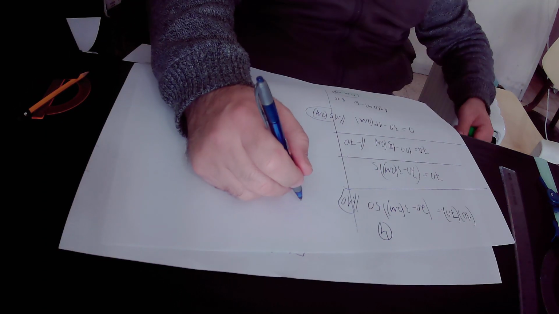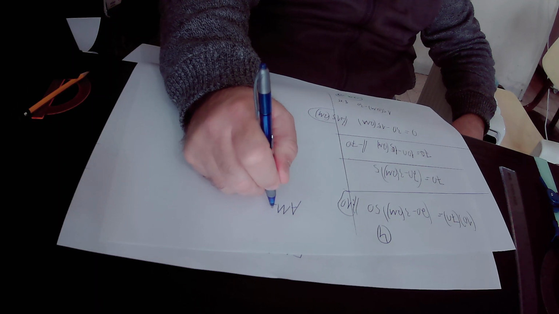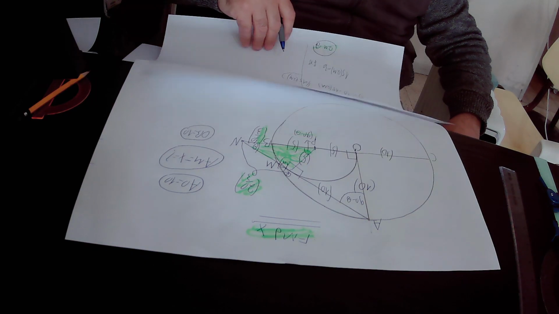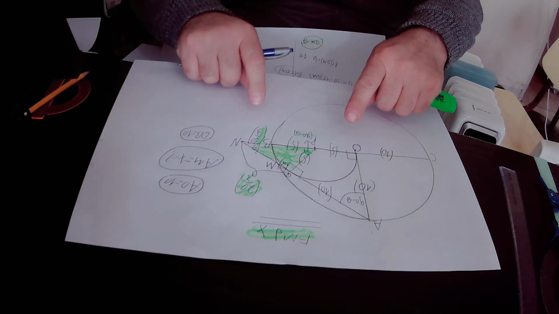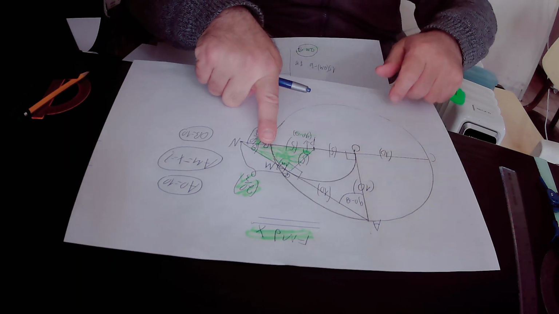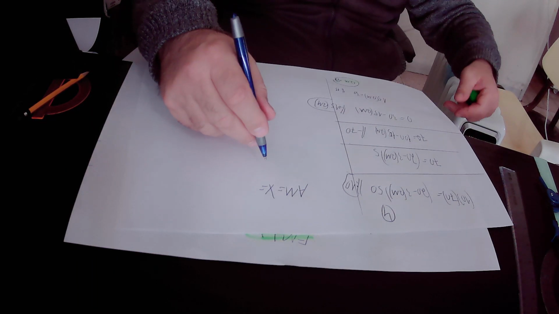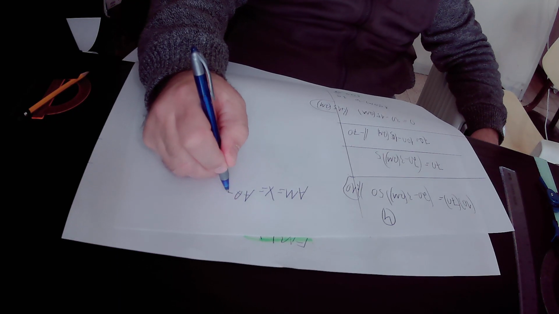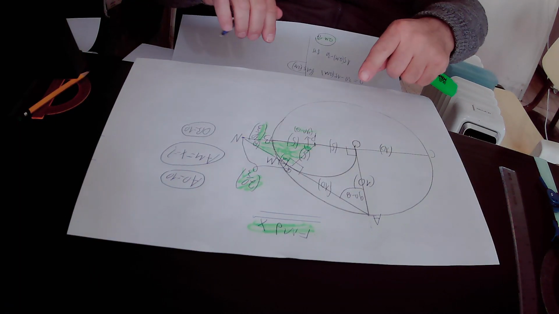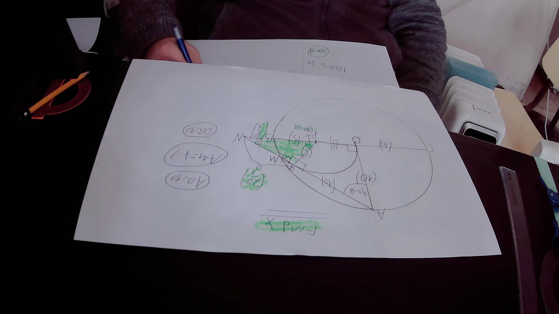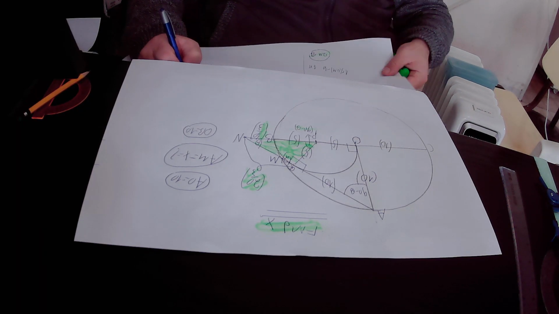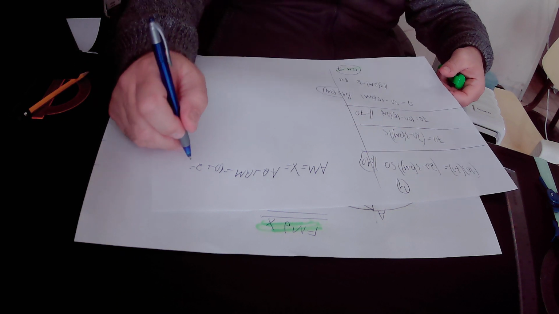From the drawing it is very easy to see that AM equals AQ plus QM. AQ is 10 and QM is 2. So in total AM equals 10 plus 2, that is 12.